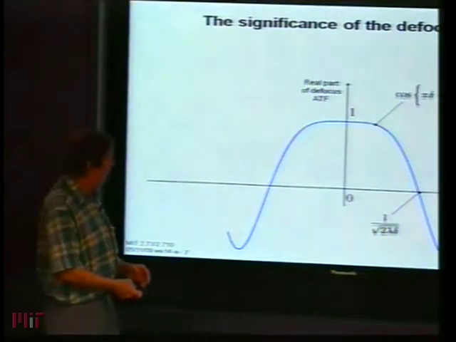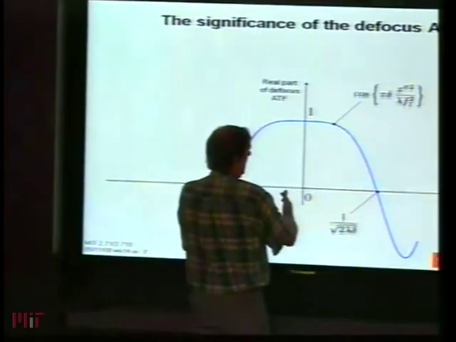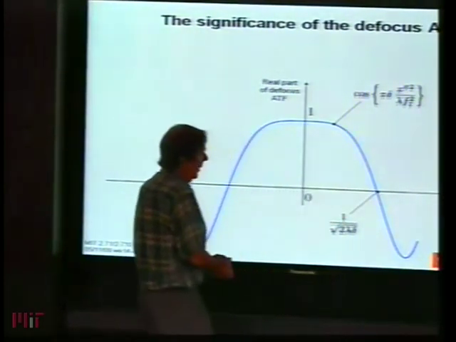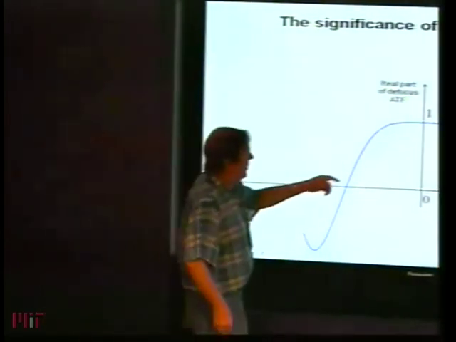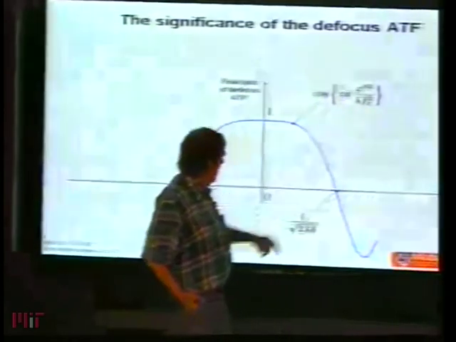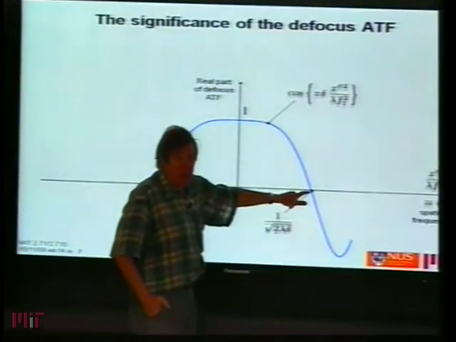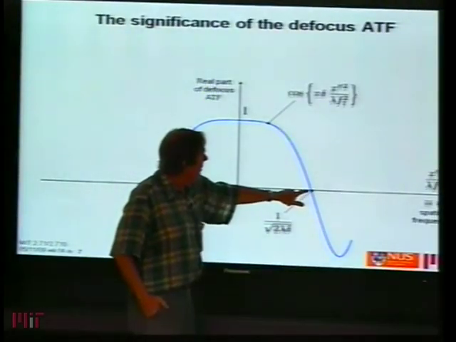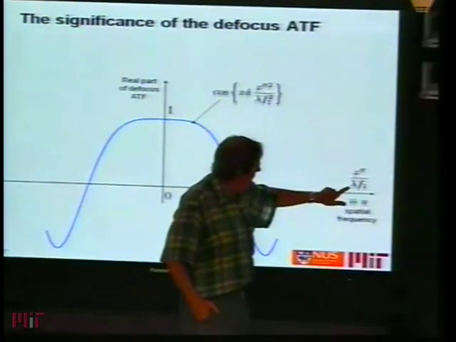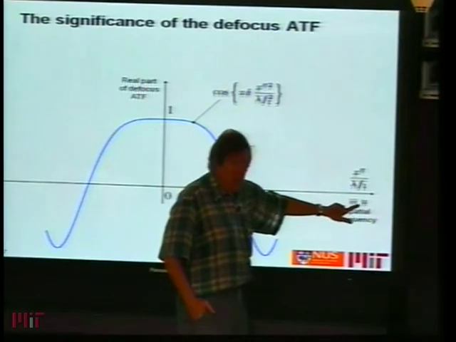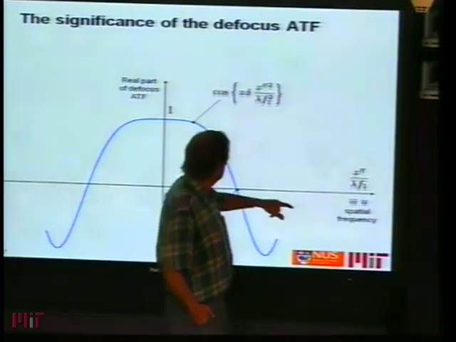Of course, the actual scaling of this is going to depend on the value of this delta, right? So here he looks at where this crosses the axis. This parameter x double prime over lambda f1 is equal to u, the spatial frequency.